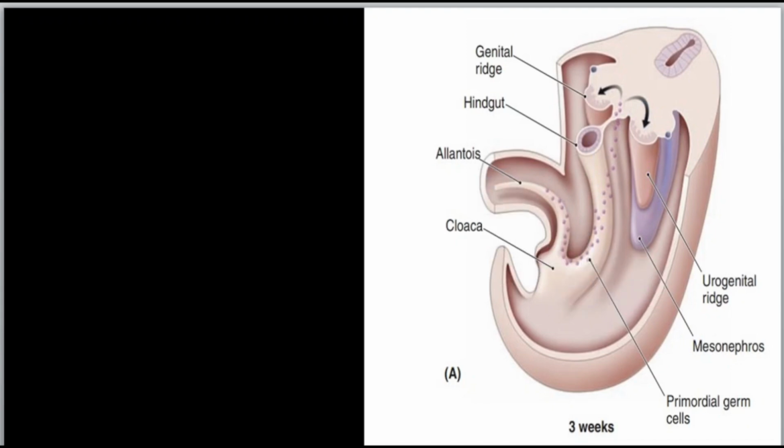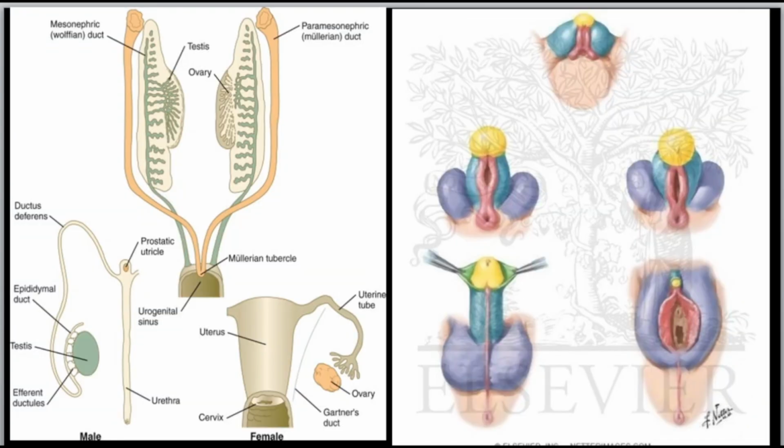Now you see some figures. This is the indifferent gonad. It later gives rise to the formation of the ovary in case of female and testis in case of male. This structure is known as the mesonephric duct. This is important for formation of male genitalia.